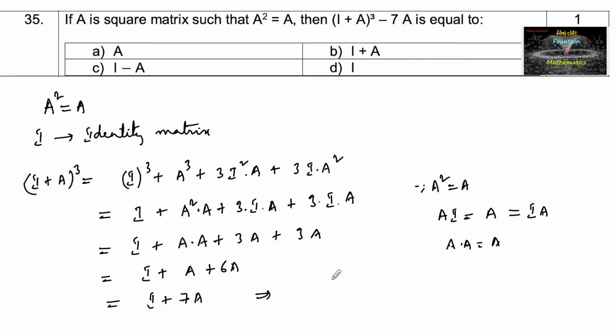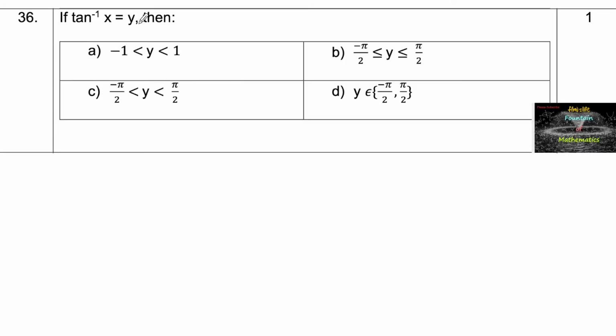So I plus A whole cube minus 7A is equal to I. So the answer is I, which is option D.